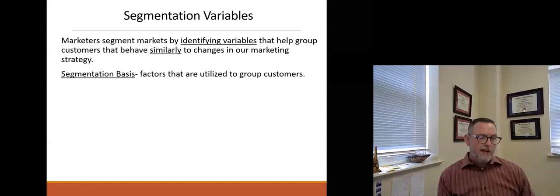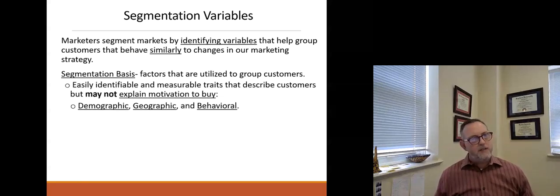If we have all the consumers who match a criteria or bases, then we might be able to group them together. The question is, what will those bases be, or what will those variables be that we use to group consumers upon? Traditionally, there are these groupings of variables, if you will.